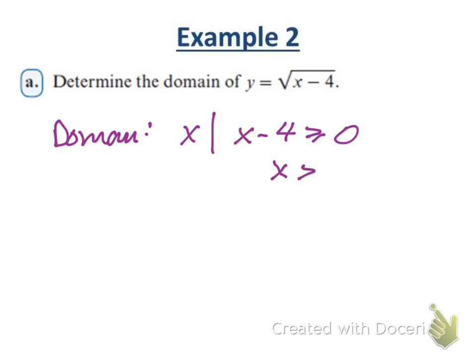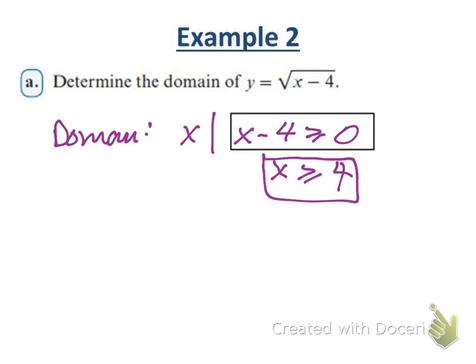X is greater than or equal to 4. That's our domain. Okay? Y'all all right with that? The domain comes from x minus 4 having to be greater than or equal to 0. The domain actually is x is greater than or equal to 4.